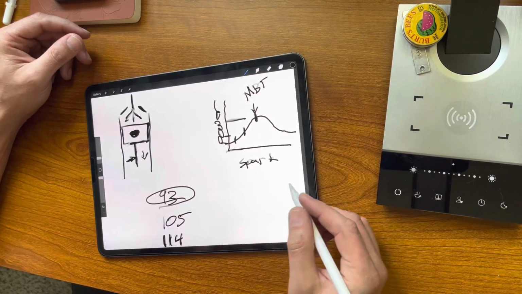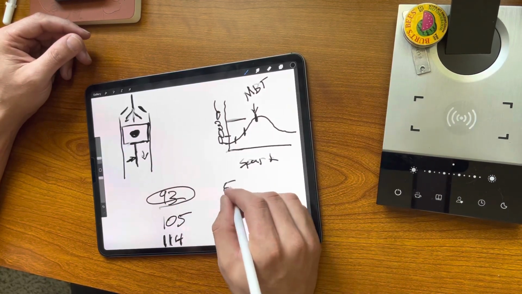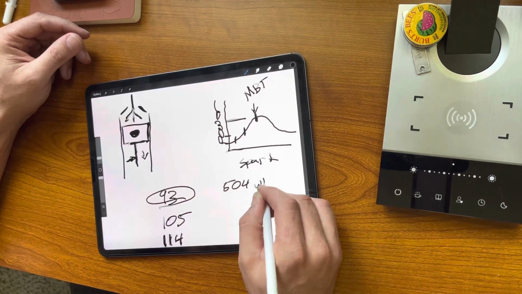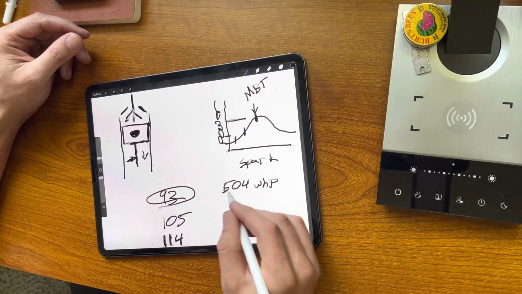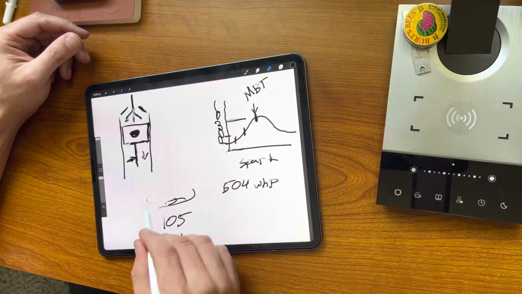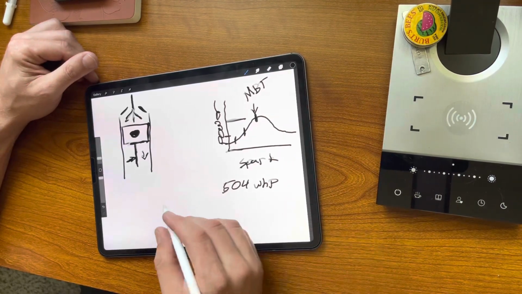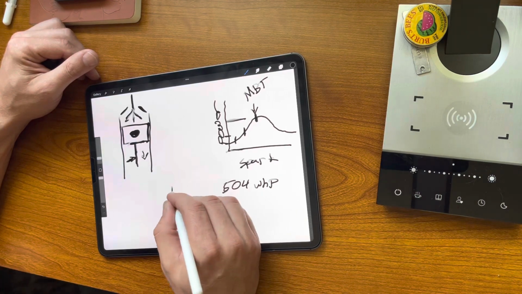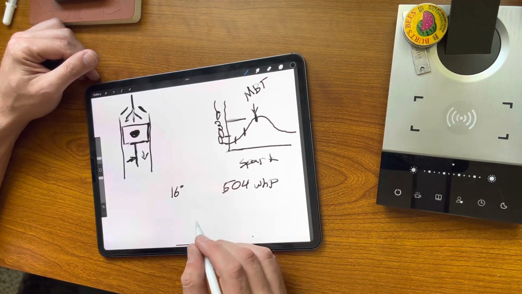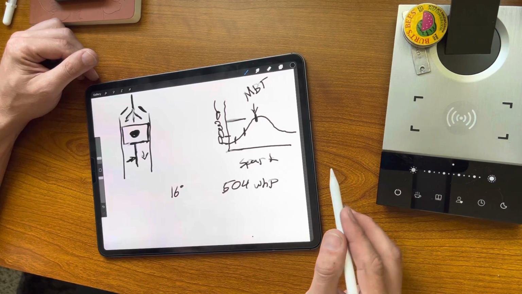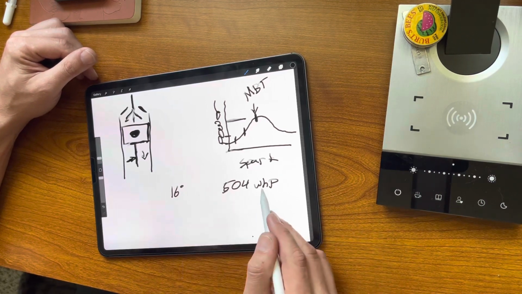So for example, I had a car that made 504 wheel horsepower, right? On regular pump gas. And on that pump gas, as I was advancing ignition timing, I ended up making it to 16 degrees of ignition advance at the top end. So at 16 degrees, I made 504 horsepower.